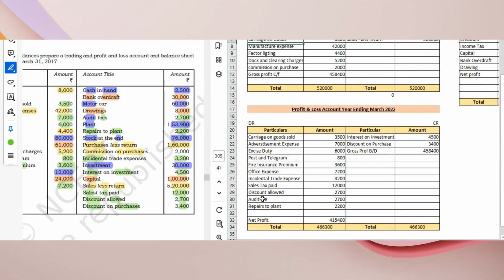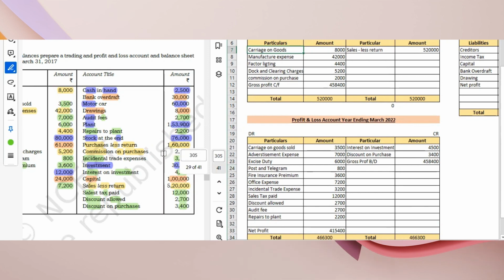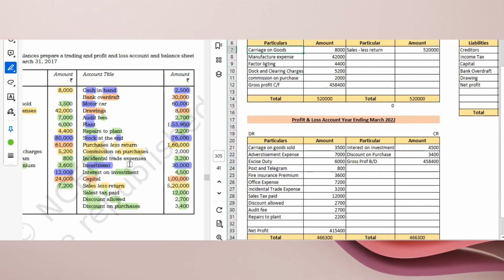So the fun part is I missed out 1,60,000 of purchase less return, and commission also here, and incidental trade expenses.